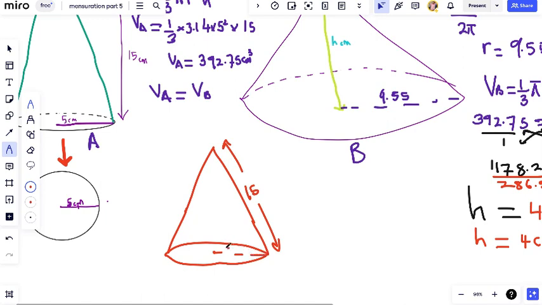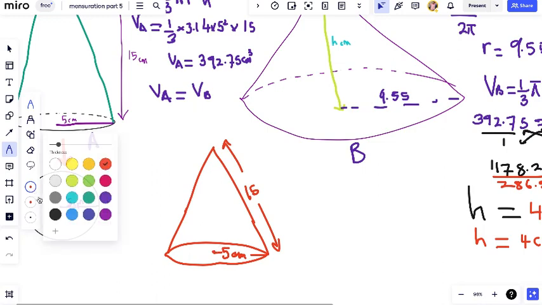And here was 5 centimeter for the radius. Okay, if cone A was like this, then we need to do something.